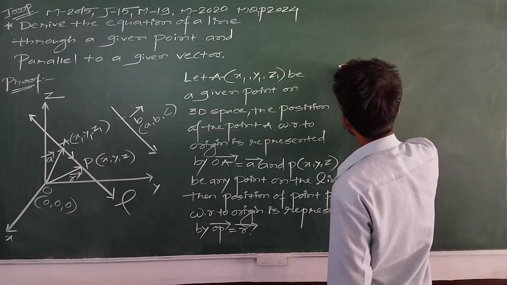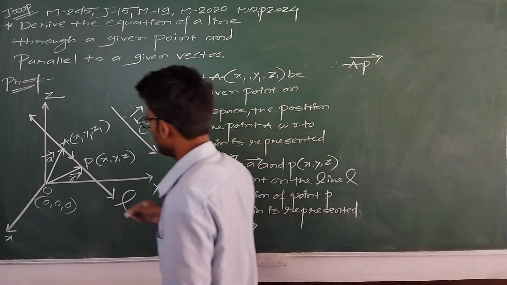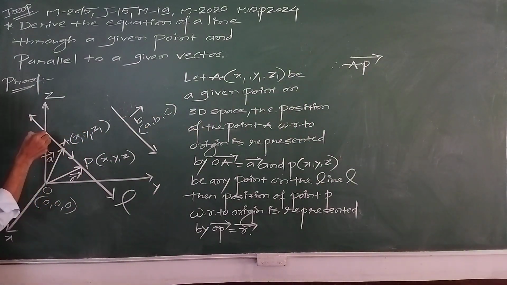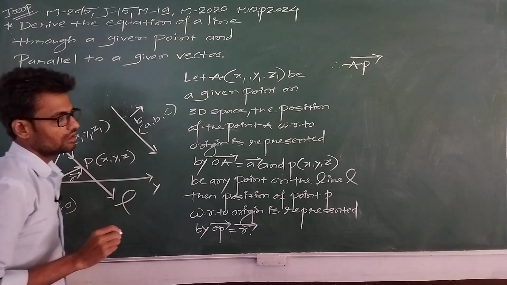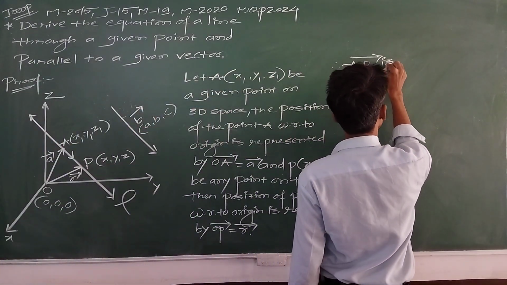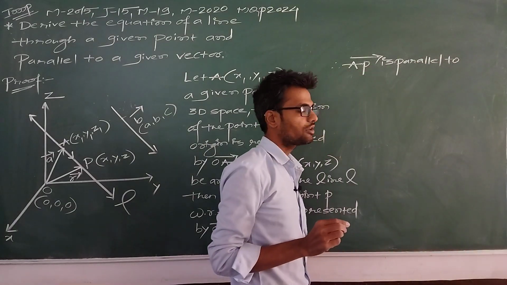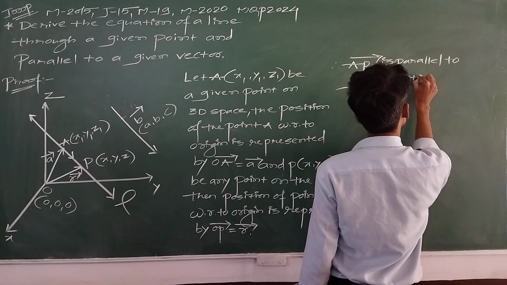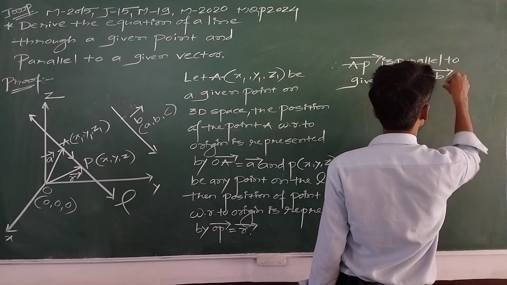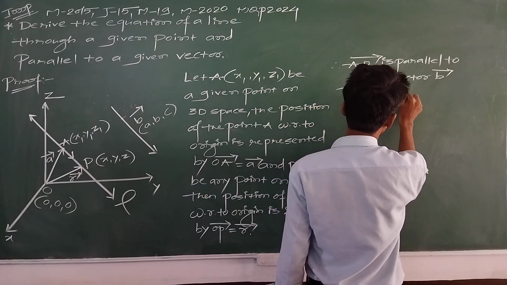Now I'll write AP vector. See, this AP vector is parallel to the given vector B. Therefore, AP vector is parallel to the given vector B. So I'll write AP vector is equal to lambda times B vector.